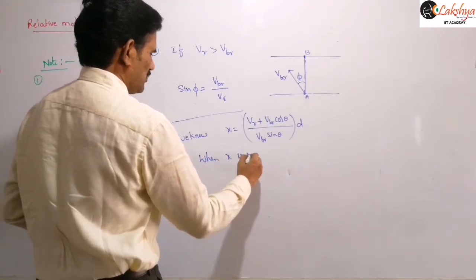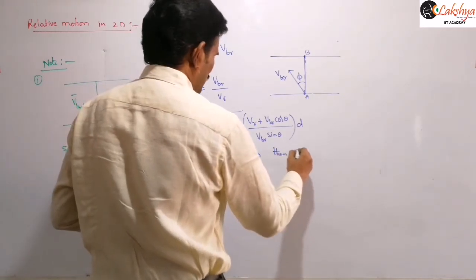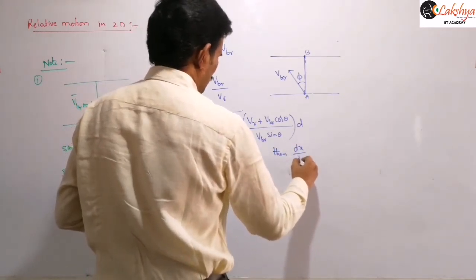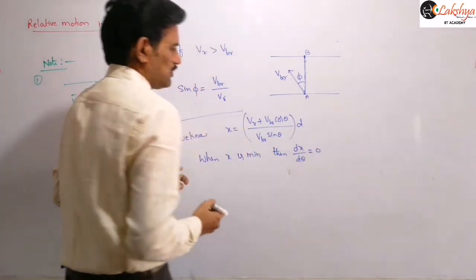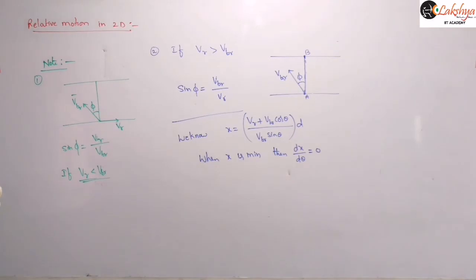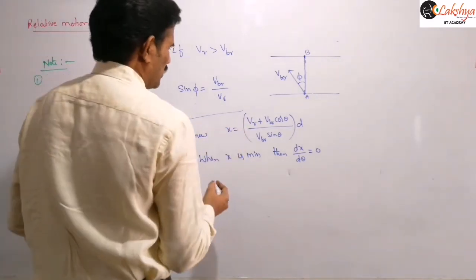When x is minimum, then dx by d theta should be 0. Dx by d theta should be 0, right? And now here we can differentiate this and equate it to 0.